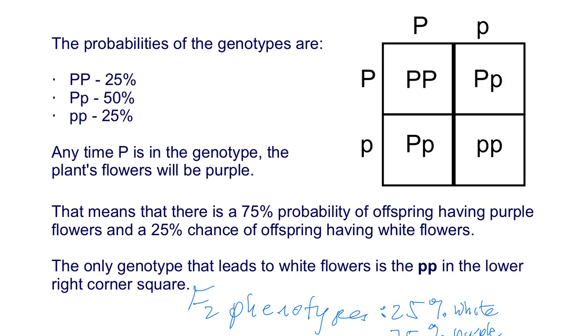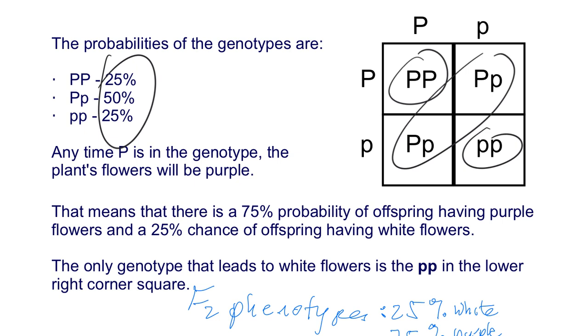Instead of using the 1 to 2 to 1 ratio, you could say 1/4 to 1/2 to 1/4 if you want, or you could say 25%, 50%, 25% like they did. Whichever way, you should be able to understand it and do it if I have a multiple choice question.